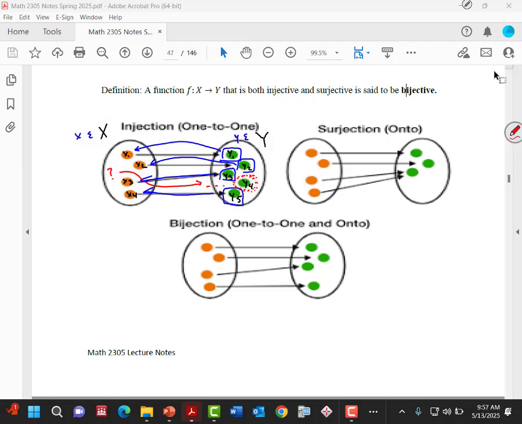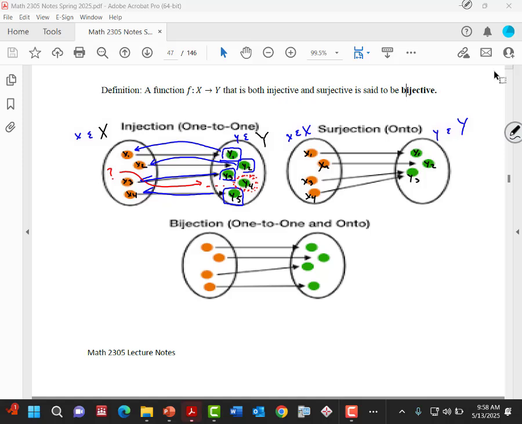Now, let's take a look at the one on the right, a surjection or a surjective function. Let's say I have these little x's in big X and little y's in Y, and maybe I were to label them x1, x2, x3, x4, and y1, y2, y3. Why is this function onto Y?